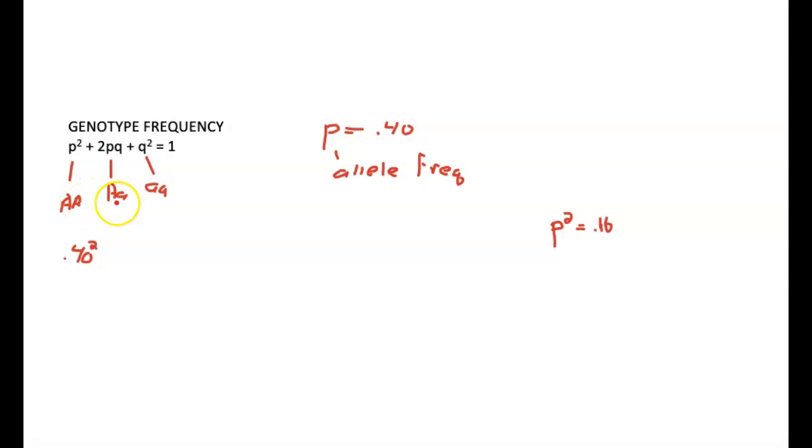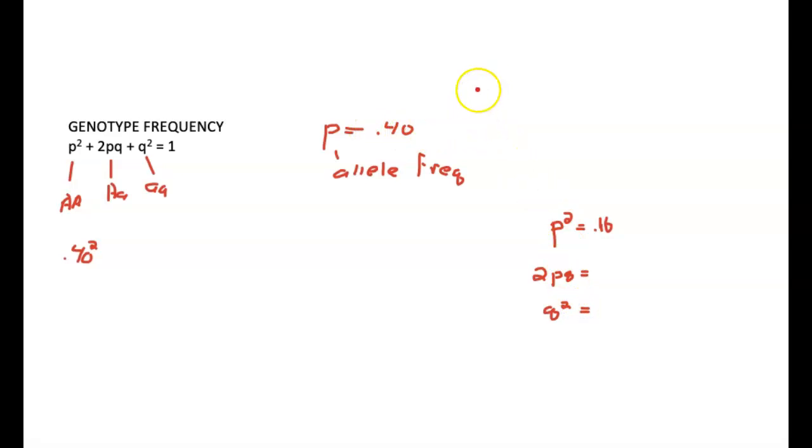Now I don't know how many are heterozygous. I don't know how many are homozygous yet. So I go, okay, I got P squared equals 16. I still need to know 2pq and q squared. So let's start with a simple one.